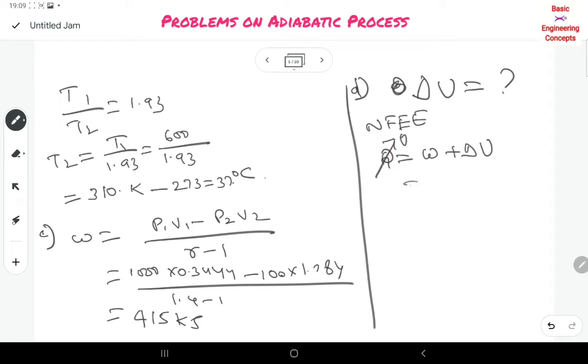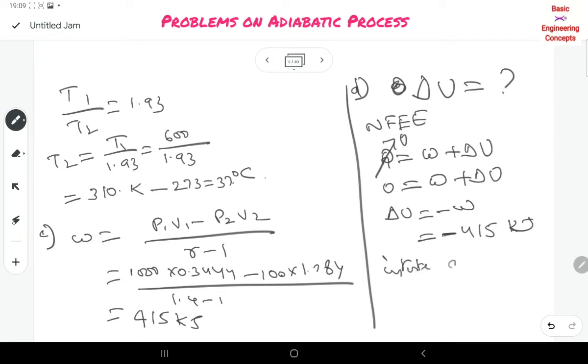So 0 is equal to W plus delta U. Then delta U is equal to minus of W, that is minus 415 kilojoules. The negative sign indicates that the internal energy decreased.